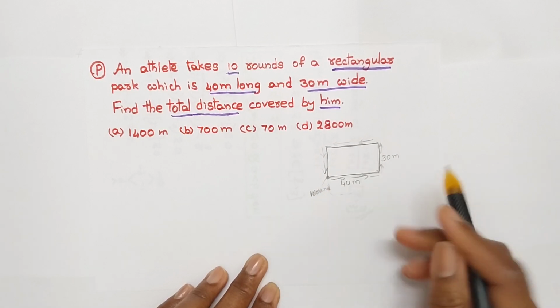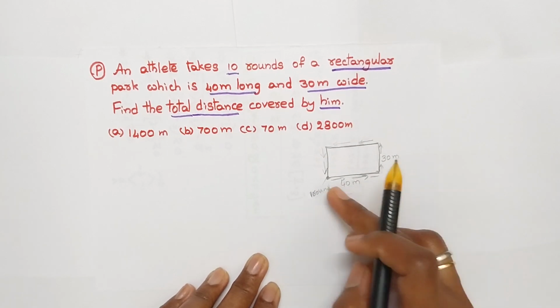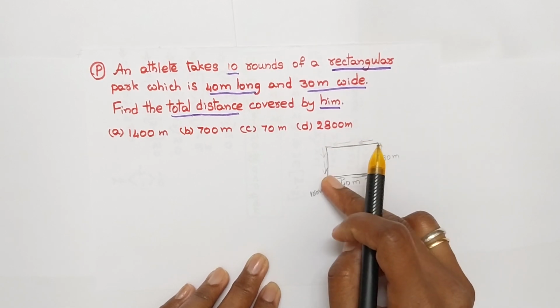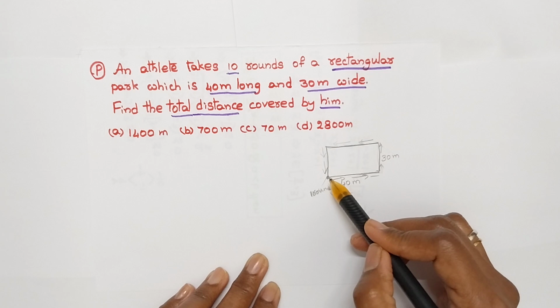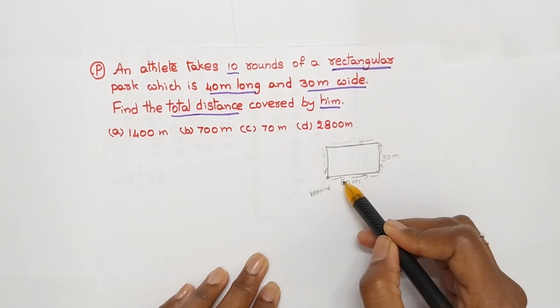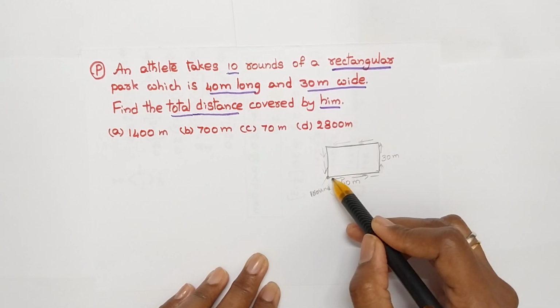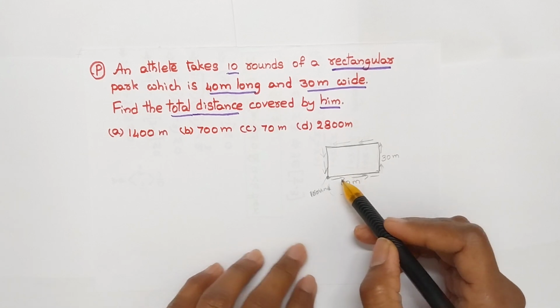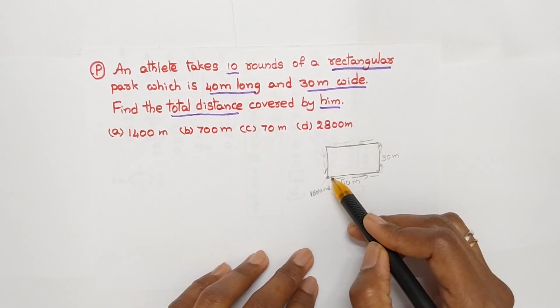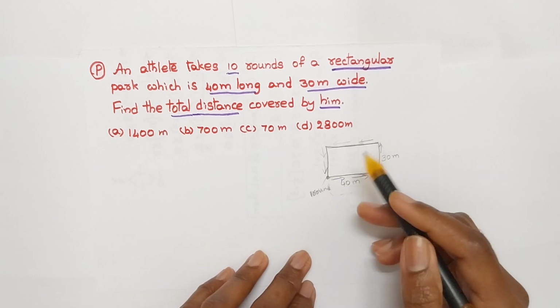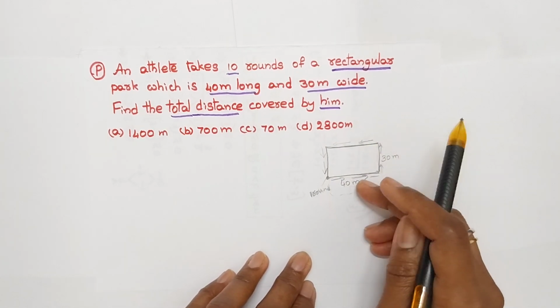So if he runs one round, he is covering the perimeter of the rectangular park. Indirectly we can consider it as he is completing one perimeter of the rectangular park.